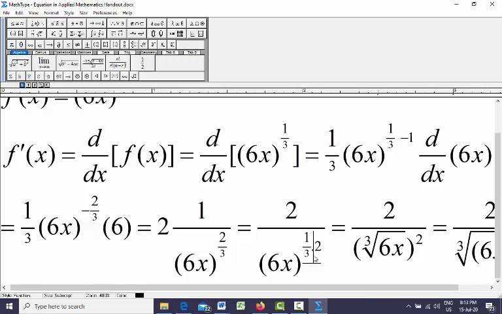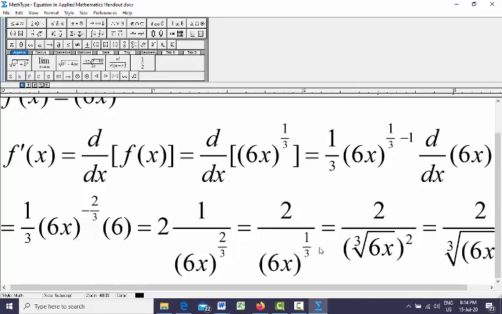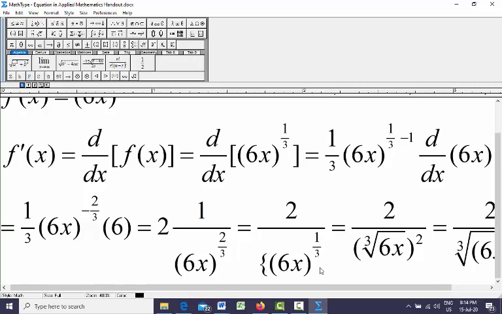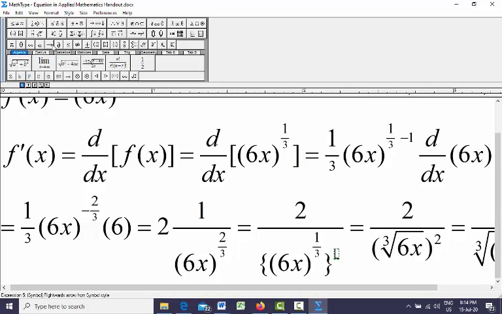Okay, so that means this one can be written as 6x power 1/3, and on top of that another power 2, because the power inside the bracket gets multiplied by the power outside the bracket.